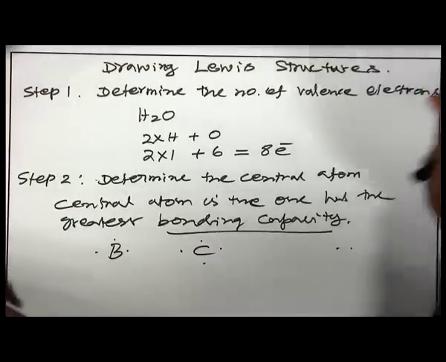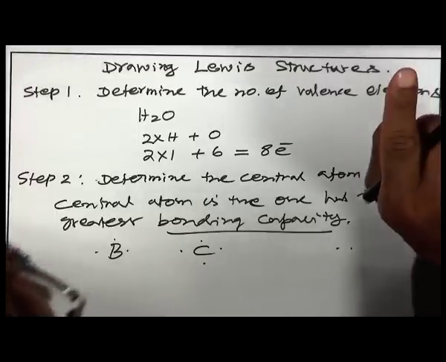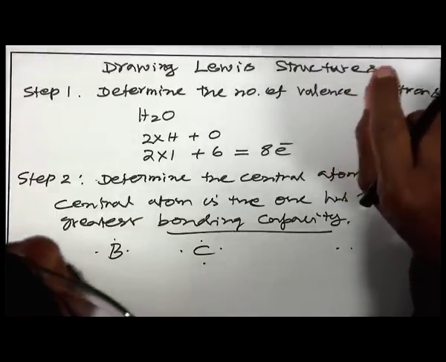And then you have to choose the central atom. After choosing the central atom, you arrange the remaining atoms around it. Then draw a single bond between them, because all atoms are held together by at least one single bond.